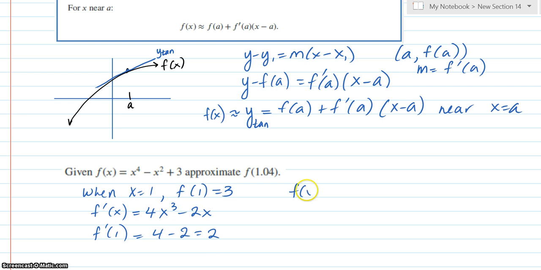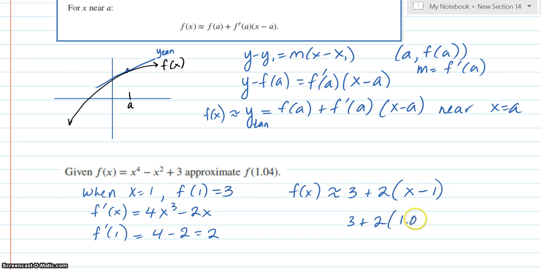We could say f of x is approximately equal to f of a, which is the 3, plus f prime of a, which is the 2, times x minus the a, which is the 1. That is our tangent line approximation. Or you could have just found the tangent line for the point 1 comma 3 and the slope is 2. That would have worked as well. Now if I plug in 1.04 in this form, you can see what's happening.